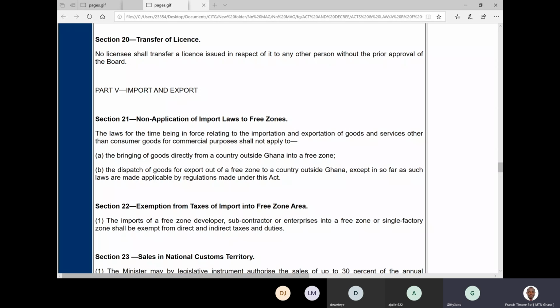So if a free zone company is importing into a free zone area, it has not entered Ghana yet, so Ghana cannot collect taxes on them. In the same way, if we are buying from a free zone company, we must also go through the customs processes, because that company is not situated in Ghana, technically. So we are now importing.